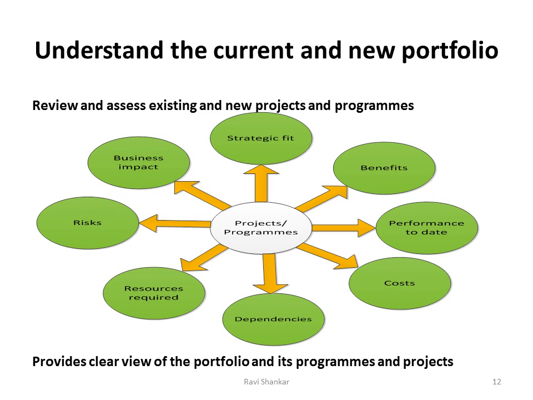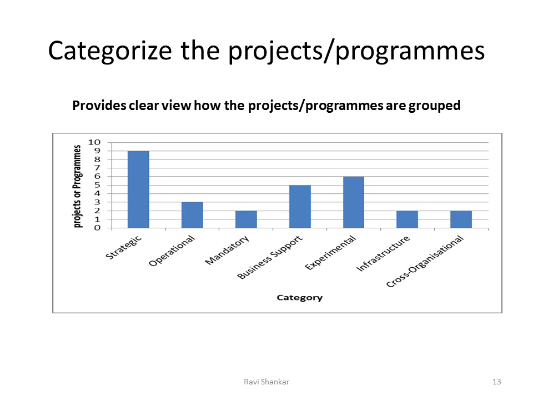Once we understand the current portfolio, the next thing is to categorize it. It can be strategic, operational, mandatory, business support, and so on. I'm just giving an example here, but in a given organization, these categories can change. It purely depends upon the organization.